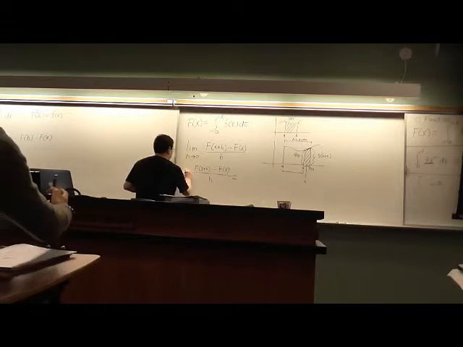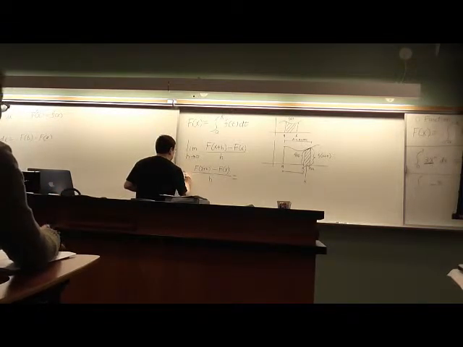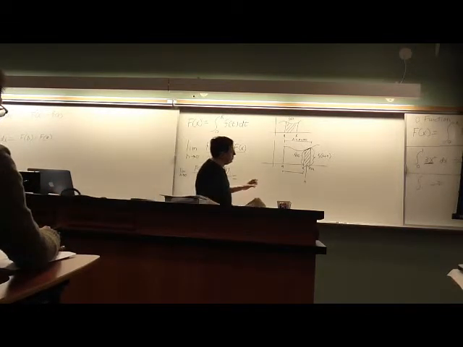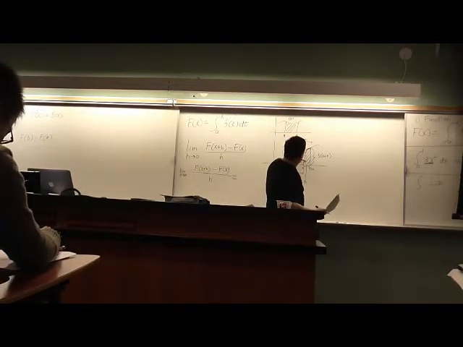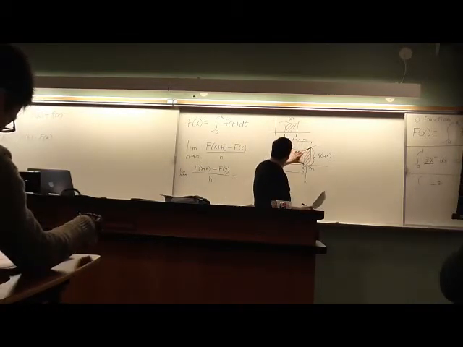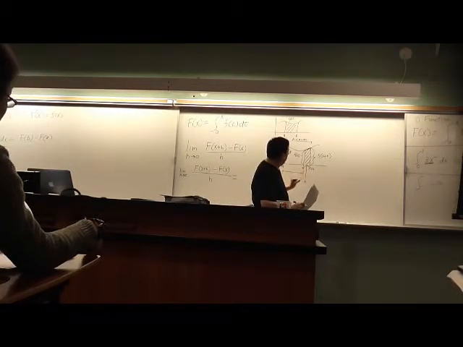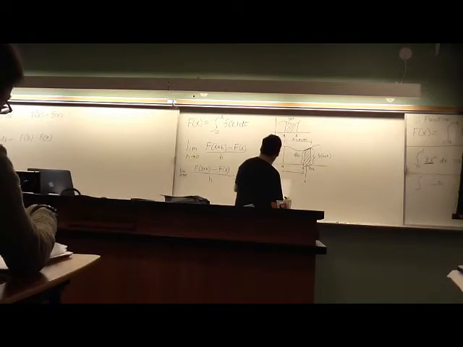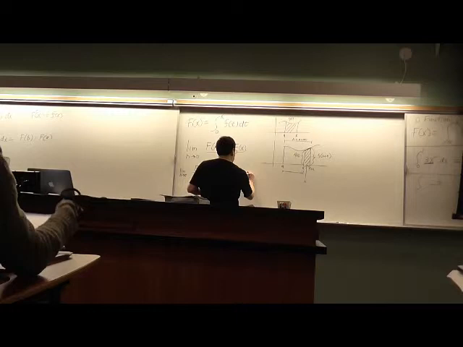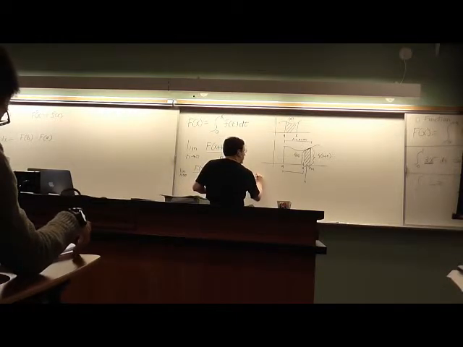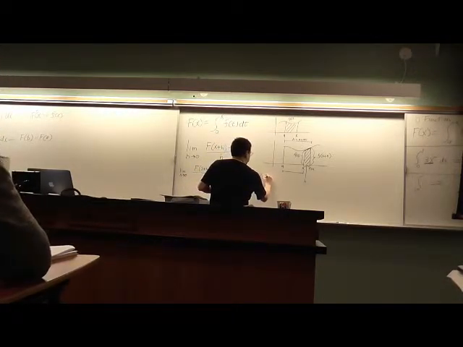Put my limit back in here. This area is this. So if I divide it by h, I just get the average height, which is just what I said: f of x plus f of x plus h, over 2.